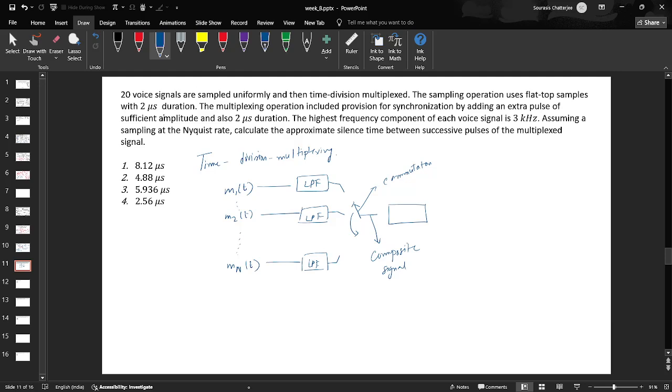You are time division multiplexing 20 voice signals, so you can take n equal to 20. You have a connection to each of these and you are commutating. Basically you are taking samples from all of them for a given time instant, and what you have is a composite signal, and you pass it through the channel and you obtain the output signal.